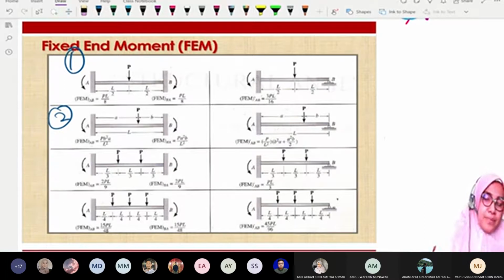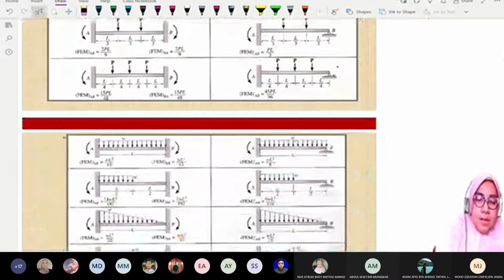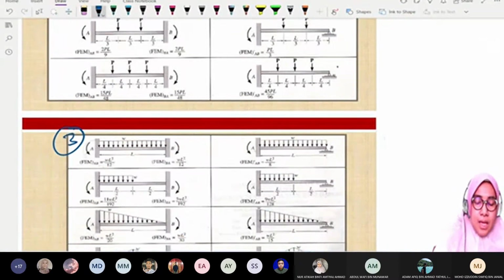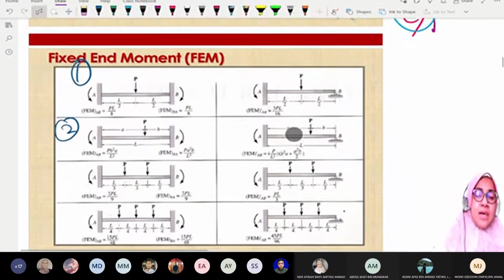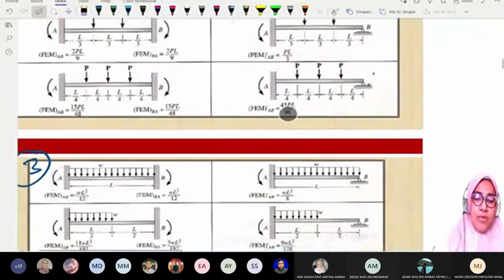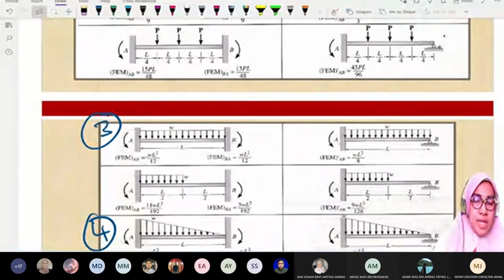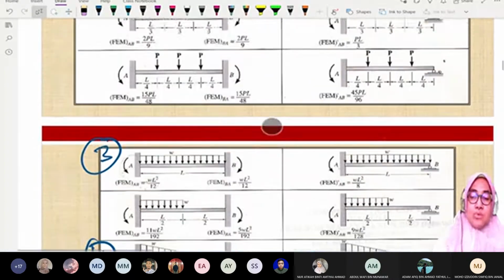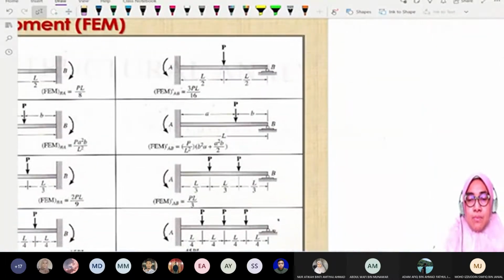Okay, 1, 2, and then yang ni 3, and then 4, triangular load. So these 4 that I highlighted, 1, 2, 3 and 4, are the most common, where we can use these 4 to solve beam or frame problems.